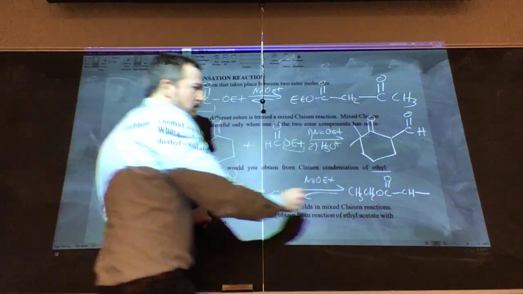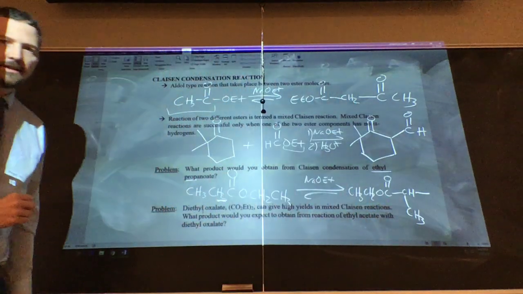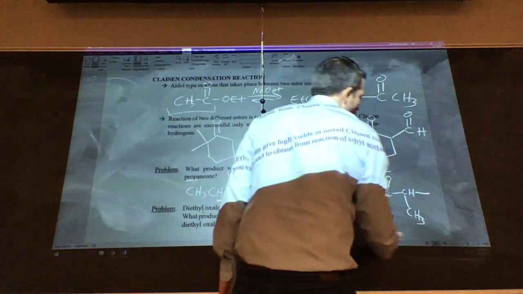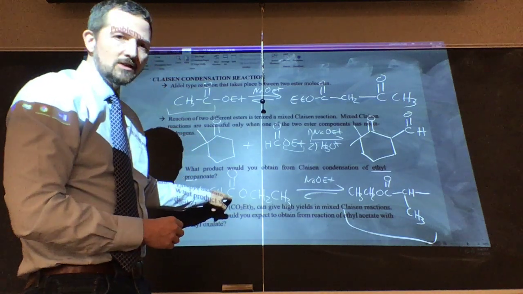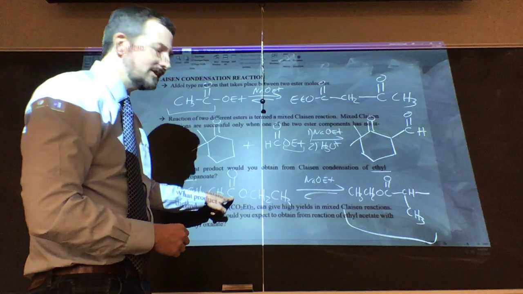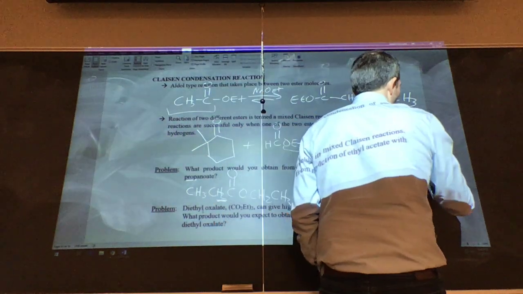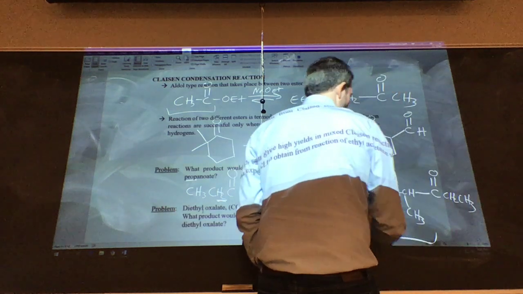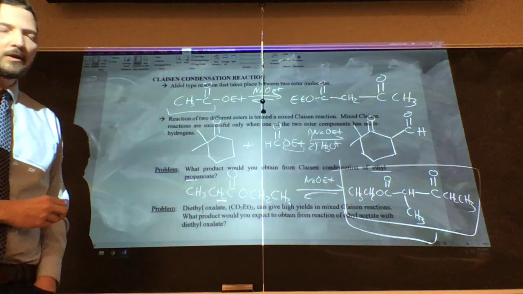I still have this CH3 attached, so I'm going to attach that as well. Now I've got my first molecule drawn. Now I'm going to attach it to my second molecule. So it's going to attach to the C double bond O. I'm going to lose the ethoxy group here. So it'll be C double bond O, CH2, CH3. So that'd be the product of that reaction.